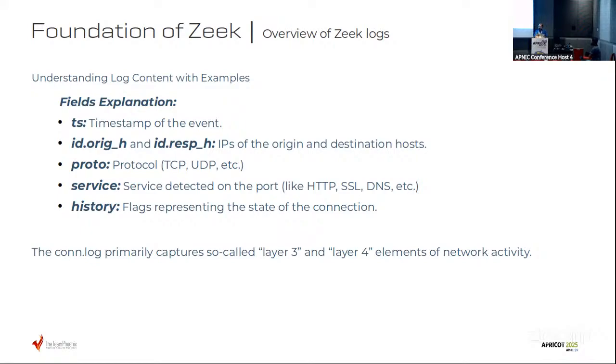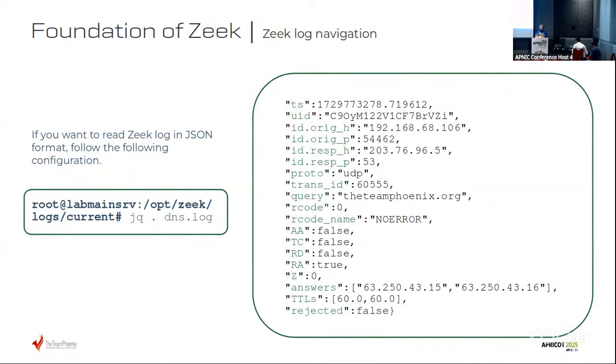As I mentioned, that conn file, the established connection information has been shared in conn.log, and basically it represents layer 3 and layer 4 elements. In JSON format, if you want to see all those logs in JSON format, all we need to do is execute the command jq space dot space the log file name, like dns.log.